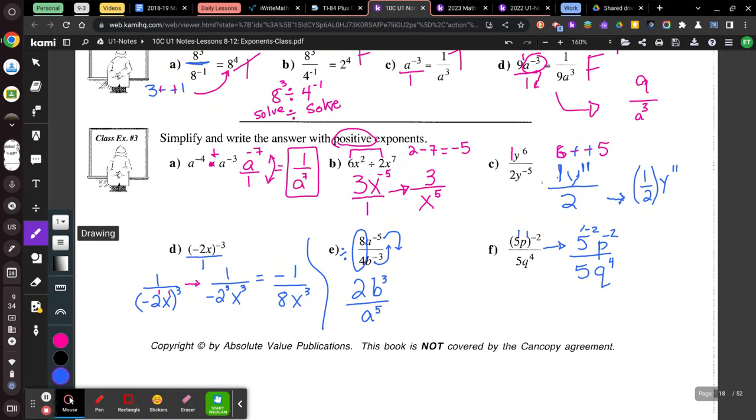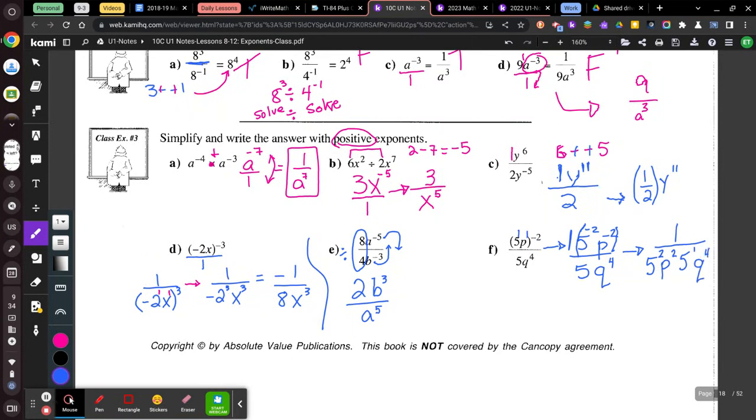So whenever you take everything away from the top or bottom of a fraction, you're going to have a hidden 1 out front. So that 1's going to stay there. So you're going to end up with this: 1 on top, and on the bottom 5 squared, P squared, 5 to the 1, Q to the 4.